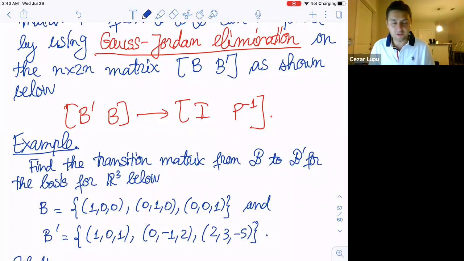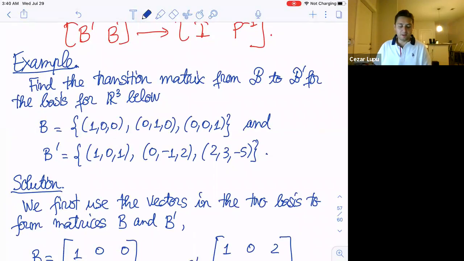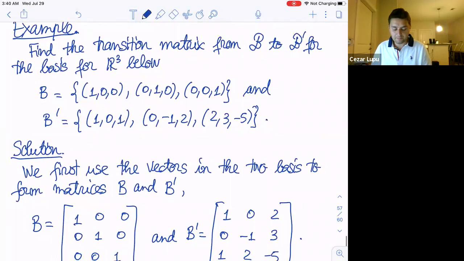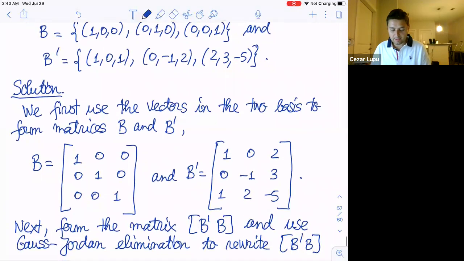Well, we need to find the transition matrix from B to B prime. As you can imagine, you need to involve the inverse of P here. So let's see. We will use the vectors in the two bases to form matrices B and B prime. Like this.